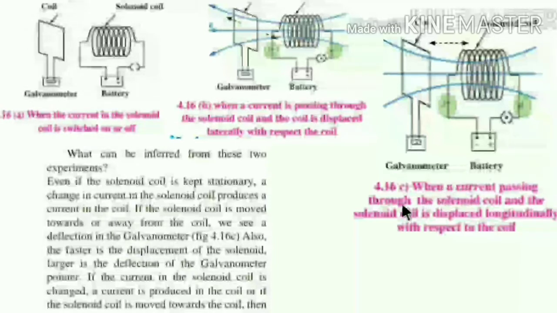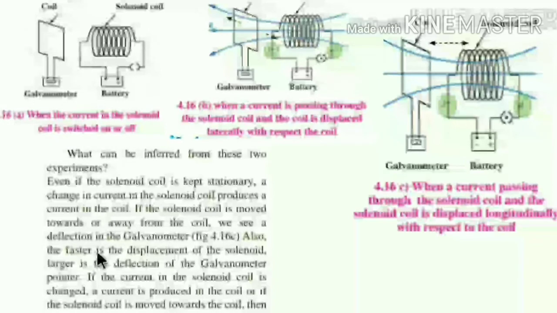That is figure C. So when this solenoid coil is moved toward the coil and away from the coil, this arrow shows the movement, then also we see a deflection in the galvanometer. Here is the galvanometer, and it shows the deflection. It means current is also produced in this coil.